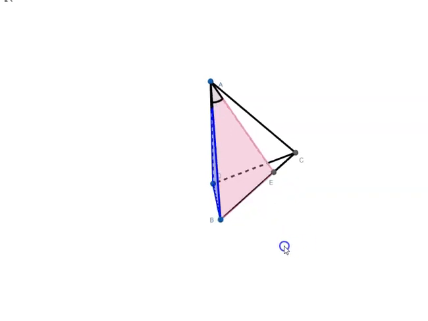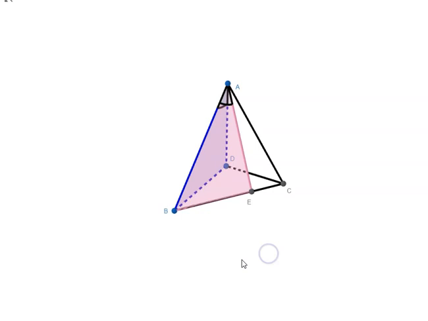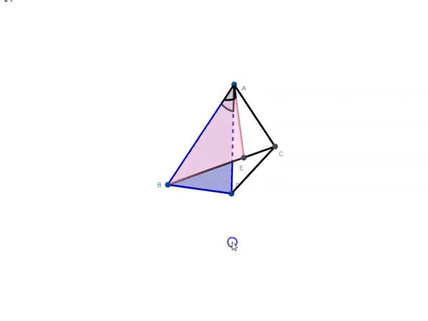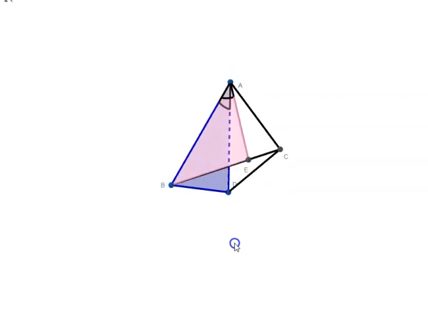So now let's take the next step. Remember, these two triangles are congruent. Now let's focus on triangle CDB, the bottom triangle. We know the sum of any two sides of a triangle is greater than the third side.